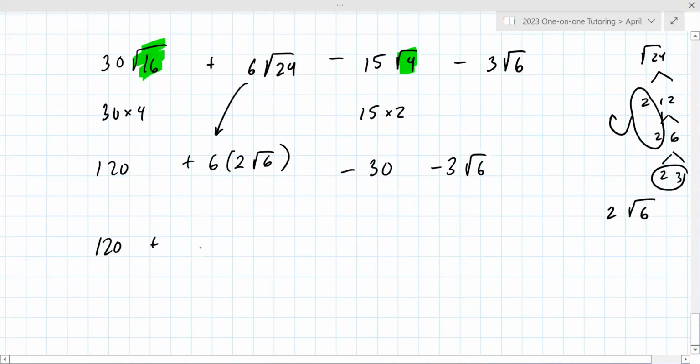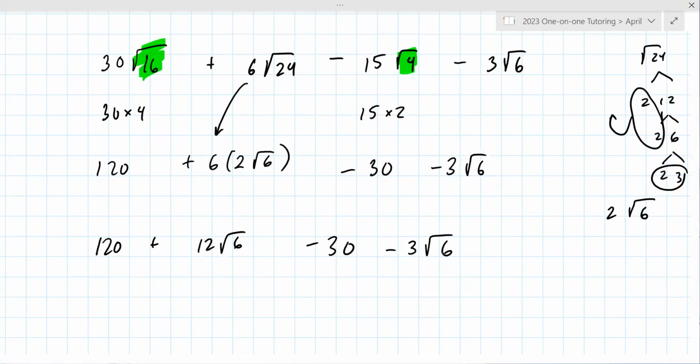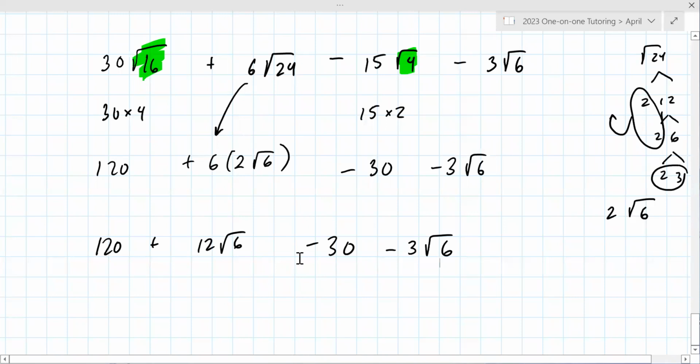120 plus 12 square root of 6 minus 30 minus 3 square root of 6. So we got 120 minus 30. What does that become? 90. So you've taken care of those like terms.